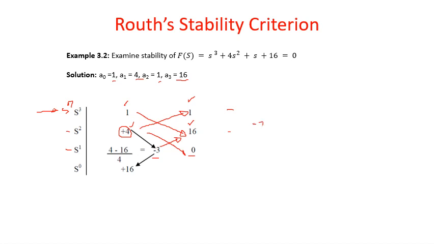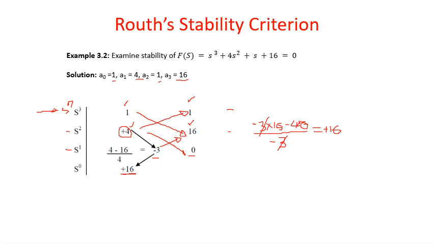Minus 3 into 16 minus 4 into 0 whole divided by this term itself, minus 3. So 4 into 0 will be 0. Then minus 3 and minus 3 cancel, remaining with plus 16.